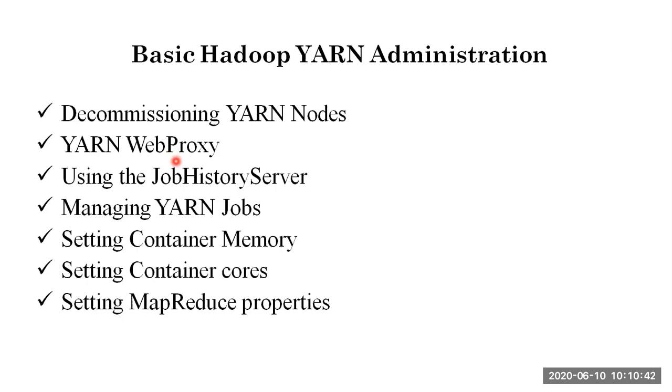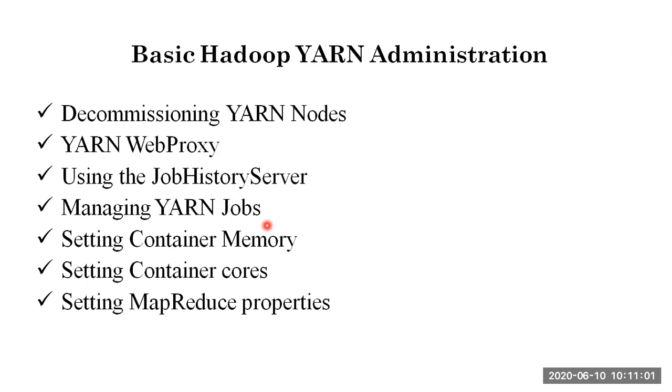And the third one is using the job history server. What is the importance of this? It is the one which is going to provide all Yarn MapReduce applications. And next is managing Yarn jobs, how we manage the Yarn jobs.